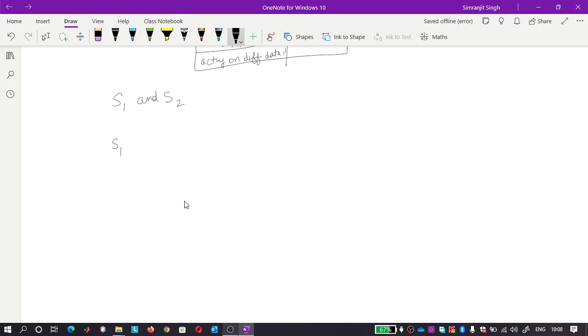S1, two transactions. You can take any number of transactions here, but I'm just taking two. The same transactions I will take in a serial mode, and the same transactions I'll take in non-serial. So I'm taking S1 in a serial mode here. Suppose R A, W A, R B, W B. So this is serial and everything is complete.